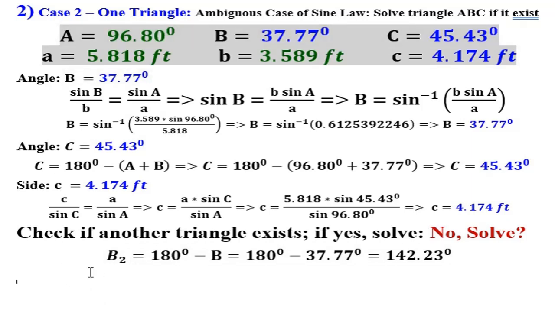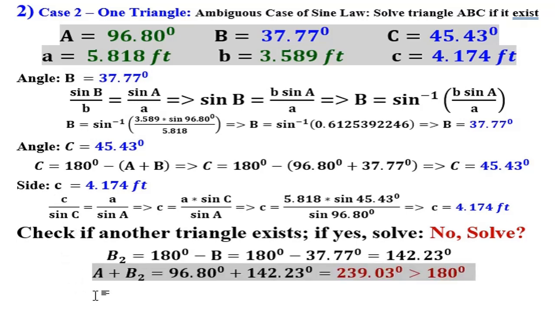You add B2 to A, and that's the check. When you add B2 to A, which is 96.8 degree plus 142.23 degree, that is equal to 239.03 degree, and that is greater than 180 degree.